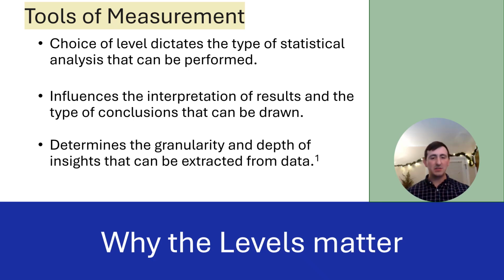And then it determines the granularity and depth of insights that can be extracted from data. The closer you get to ratio, the more precise a lot of effect sizes can be. And this can work for or against you depending on how you do your statistical analysis, but this is why levels matter, right?